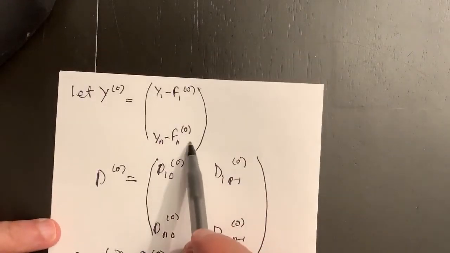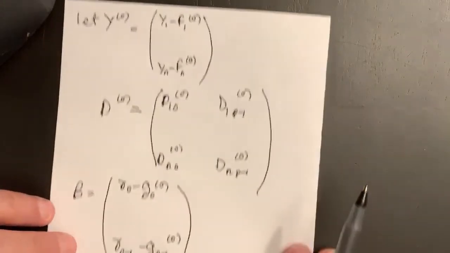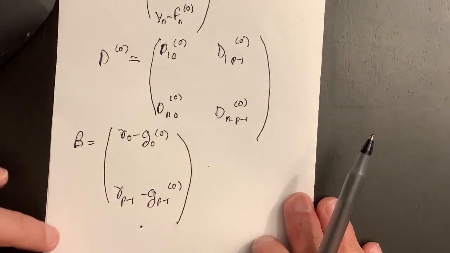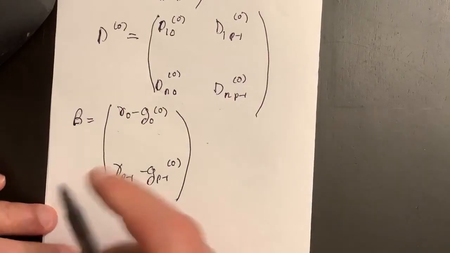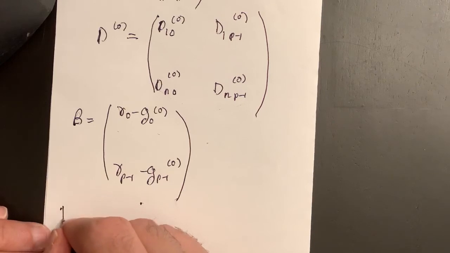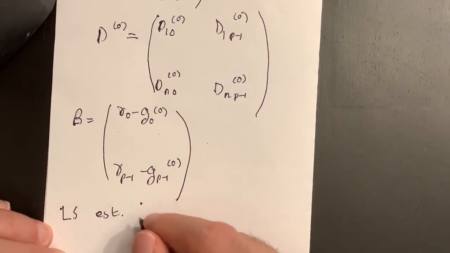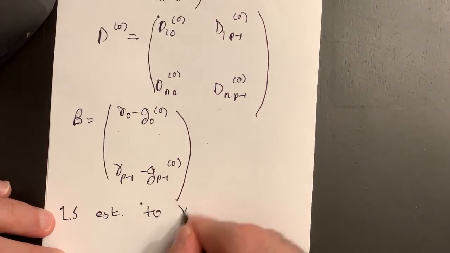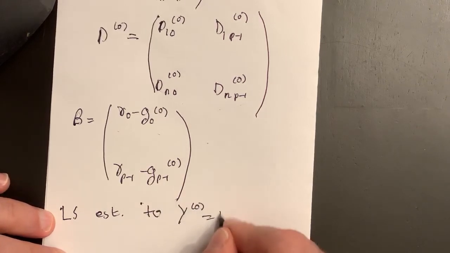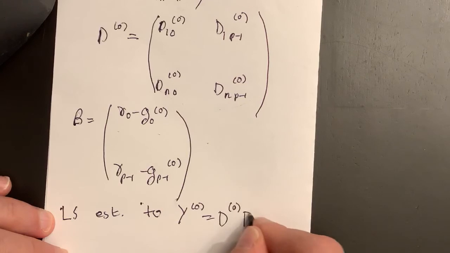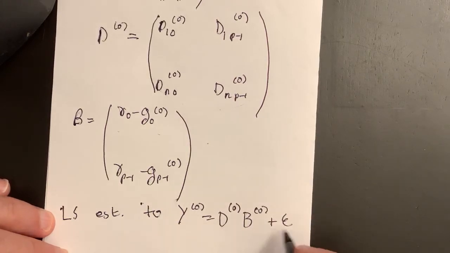And y0 is your new response vector. Everything's set up just like before. So the least squares estimate to y0 equals d0 beta0 plus epsilon, another vector.